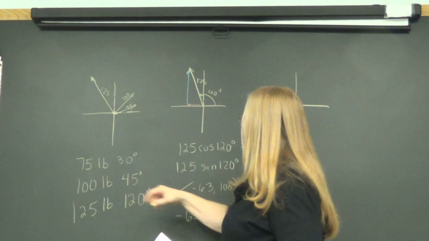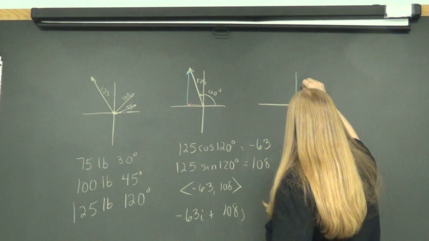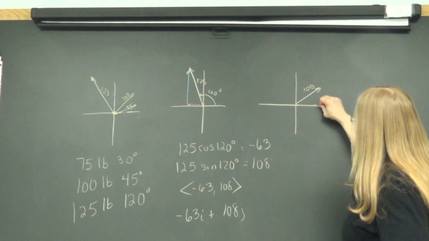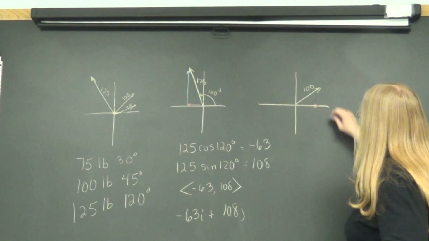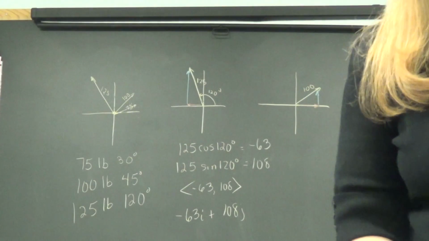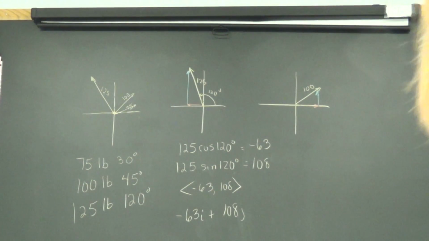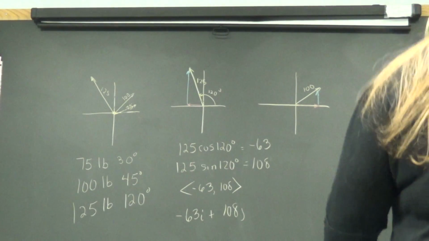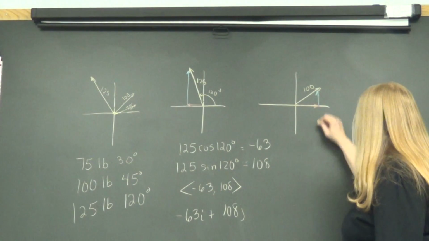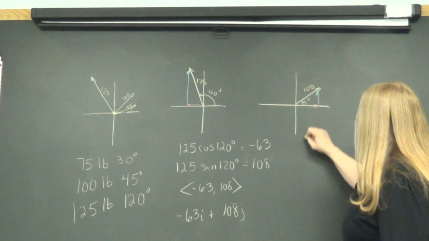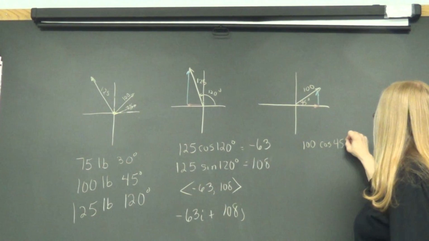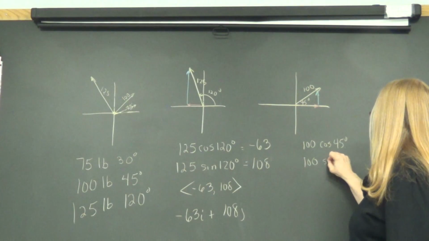The next one is 100 pounds at 45 degrees. So putting in the x and y components. Let me see if that shows up. Yeah, it looks like it does. So I have 100 cosine 45 and 100 sine 45.